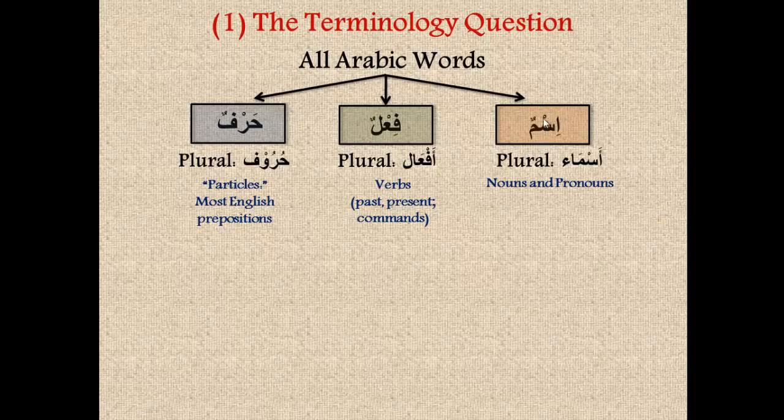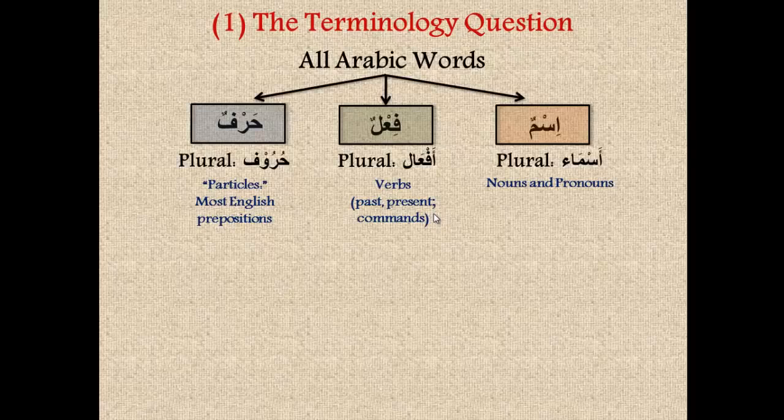So from ism, we have asma', in which we've added an alif and a hamza. From fi'l, we have af'al, in which we've added an alif, and harf becomes huruf, in which we've added a waw. At this point, I want to modify this diagram for you a little bit, and that's because I've made a few small quote-unquote mistakes in lesson number 1.